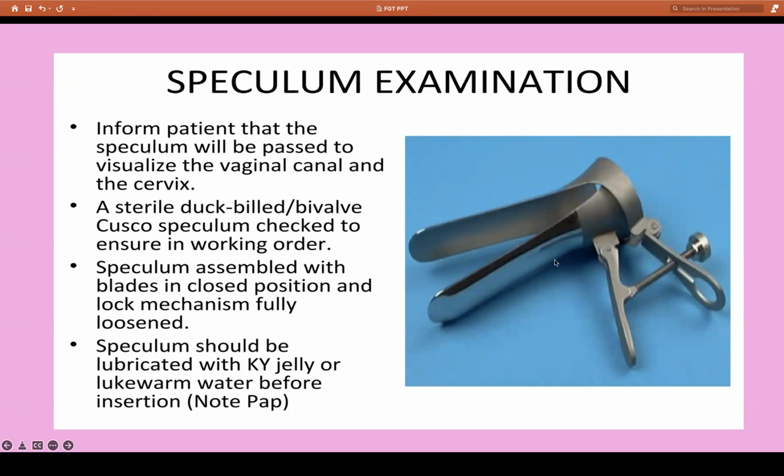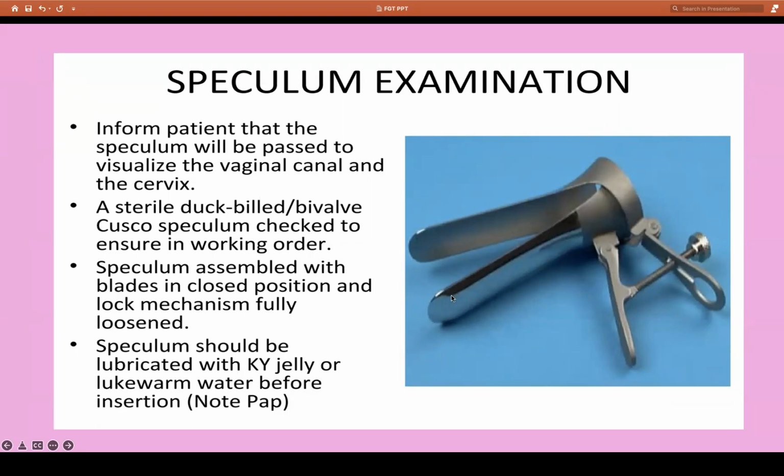If she is multiparous, having had children before, then you can introduce it even horizontally, and she will not feel any pain. While you examine the patient, you will assess whether it can be done vertically or horizontally. It should be painless while you are introducing the speculum.